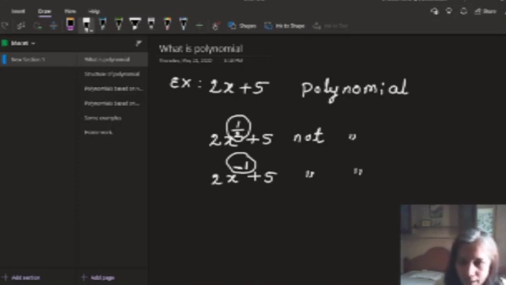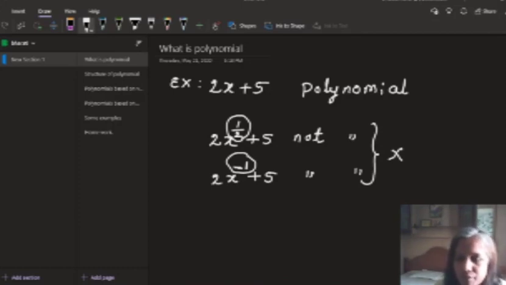The only thing is that all algebraic expressions are polynomials except the algebraic expressions which have a fraction power or a negative number power. If you exclude these two kinds of algebraic expressions, then all algebraic expressions will be polynomials.